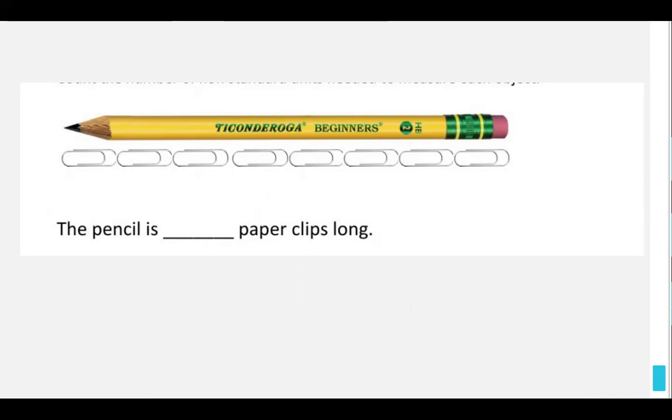So what you will do is count the paper clips from the tip to the end of the pencil. So let's count. 1, 2, 3, 4, 5, 6, 7, 8. So the pencil is 8 paper clips long.